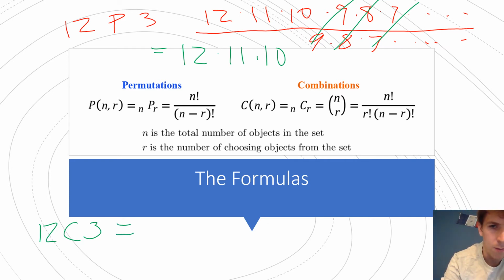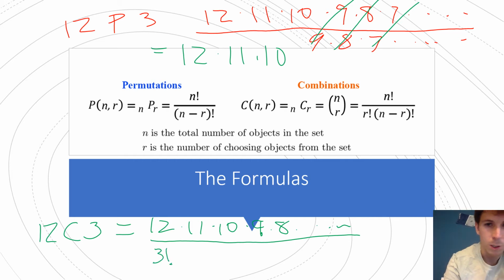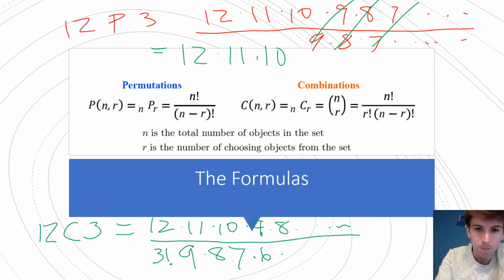The n factorial there is just the 12, divided by the 3 factorial, that's just r factorial, and then n minus r factorial, so 9 factorial. Once again, a lot of those terms start canceling out all the way down, and we're just left with the 12 times 11 times 10 divided by the 3 factorial.